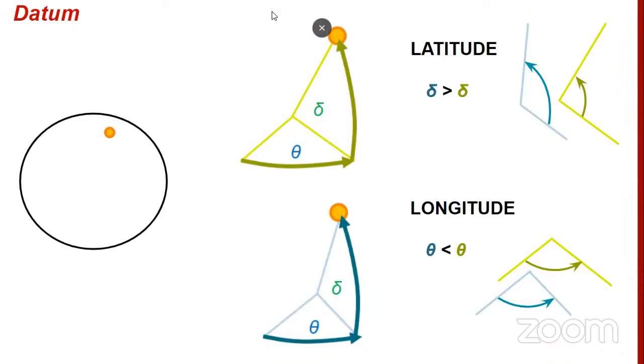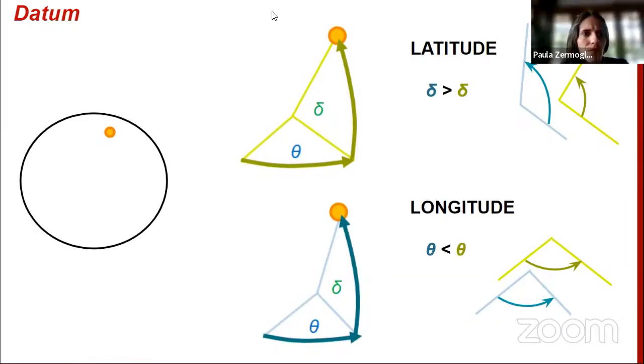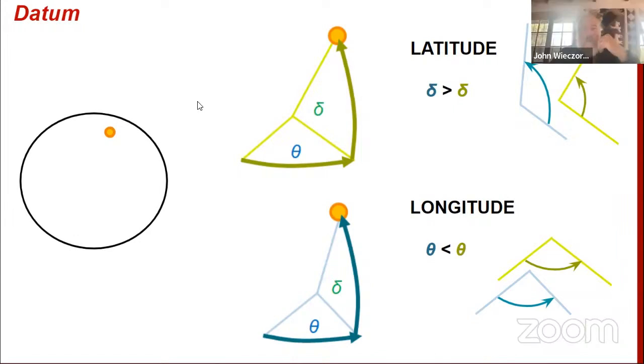Yes. John? I wanted to add something here, and that is a question that might be running around in your heads, and that is, why? Why so many datums? Why make it complicated? And the answer is two parts. One is historical.